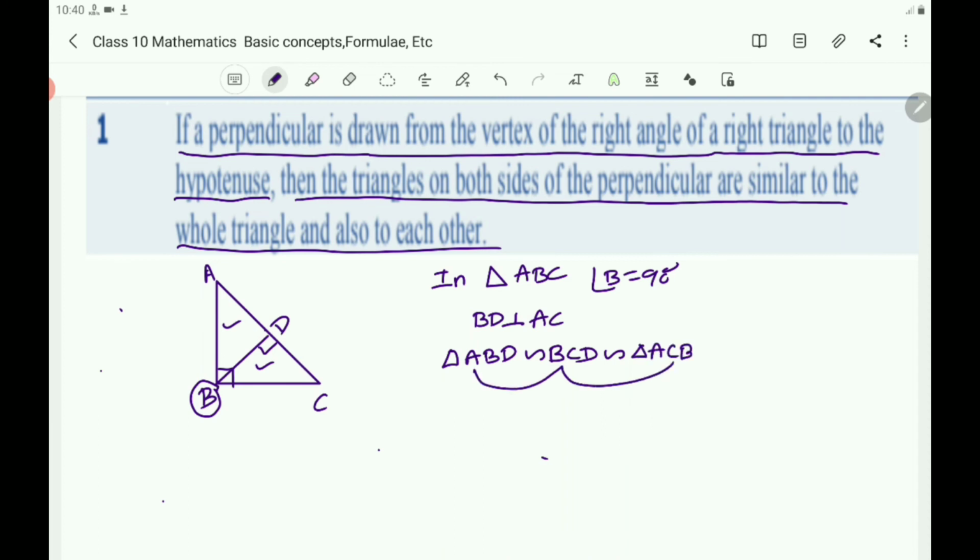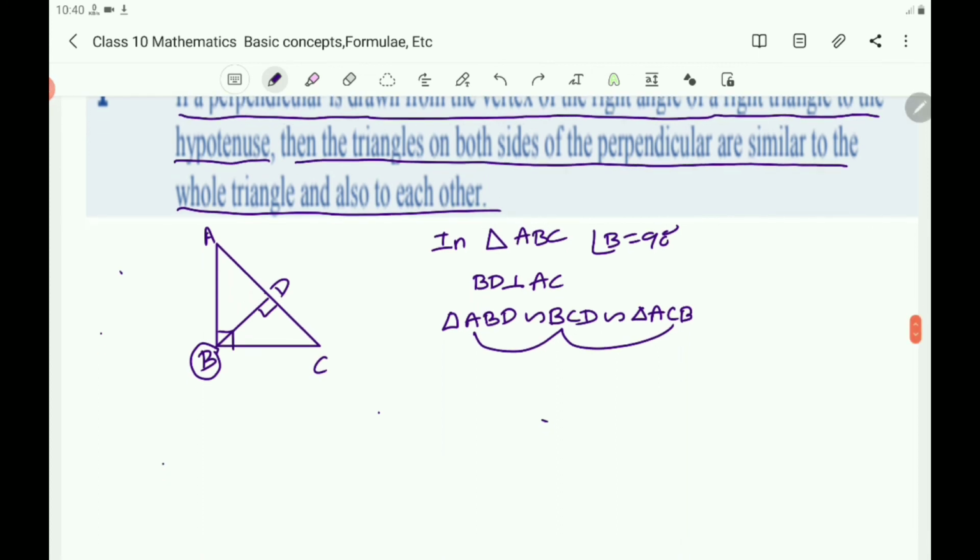Here all three are right angle triangles and they are similar. And also you can have one more relation. What is that relation? Here AB square is equal to AC into AD. You write that AB square is equal to AC into AD.